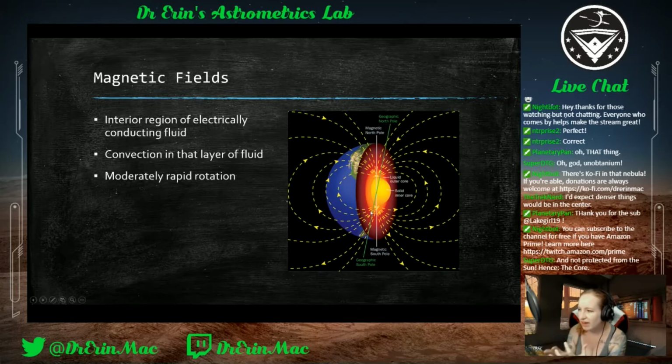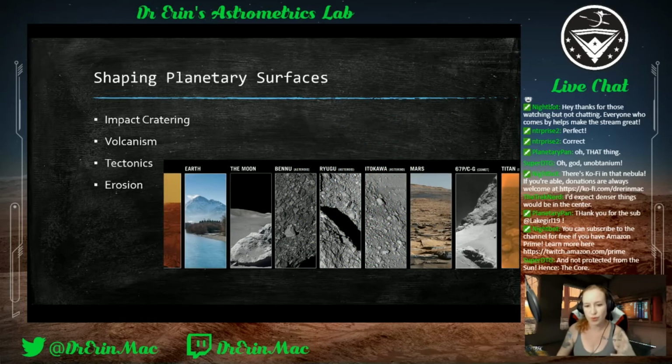So when you have this liquid outer core, the temperature differentials, the planet rotating, and the fact that it's liquid, all of that contributes to generating a magnetic field around or in the planet. So that's how some planets have magnetic fields and some planets don't.